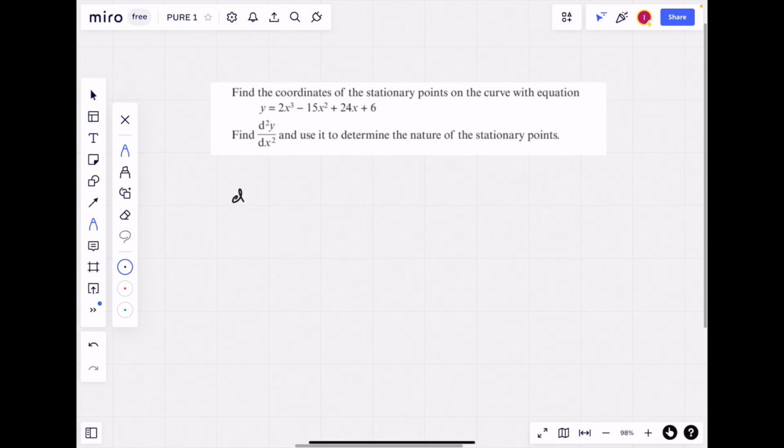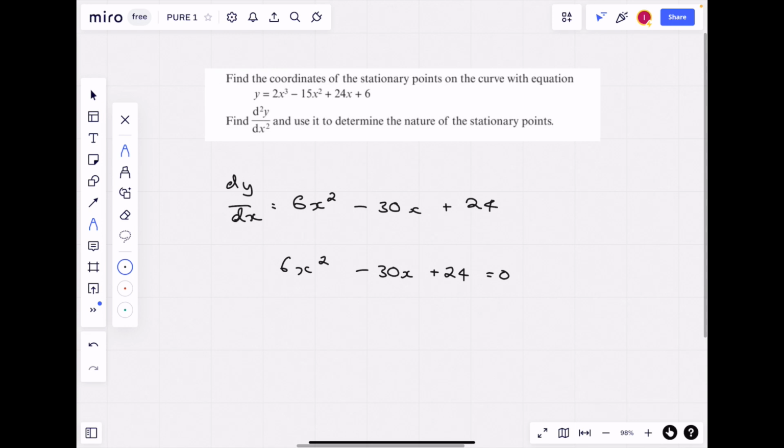So you should have gotten dy/dx equals 6x squared minus 30x plus 24. We're trying to find the stationary points. You can find stationary points when you make your differential equal to 0. 6x squared minus 30x plus 24 equals 0. I want you to now solve for x, please.